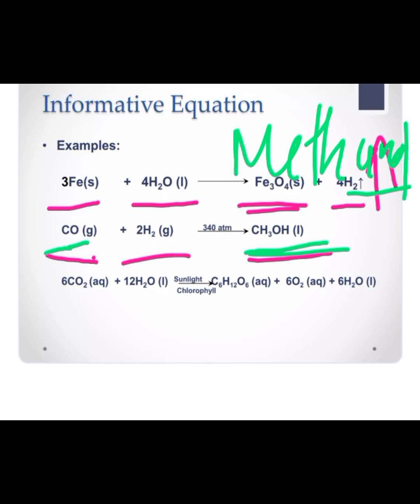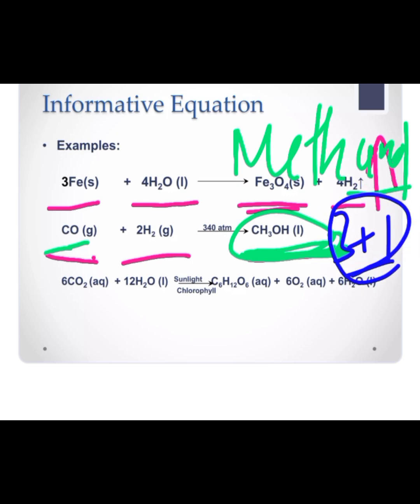The number of hydrogen atoms in the complex formula is 4, 3 plus 1. 4 hydrogen atoms are there in the form of methanol on the right hand side.